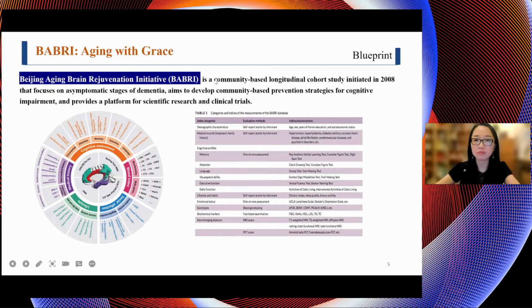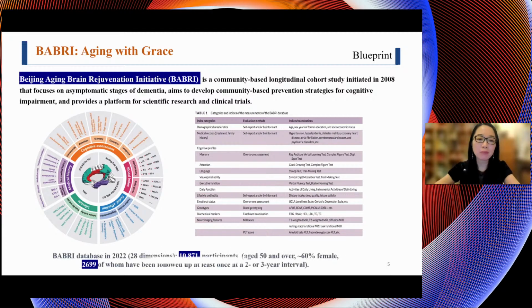BABRI is a community-based longitudinal cohort study focusing on the asymptomatic stages of dementia. It aims to develop community-based prevention strategies for cognitive impairments and provides a platform for scientific research and clinical trials. So far, our BABRI database in 2020 has collected over 10,000 participants aged over 50 years old, 60% of them female.